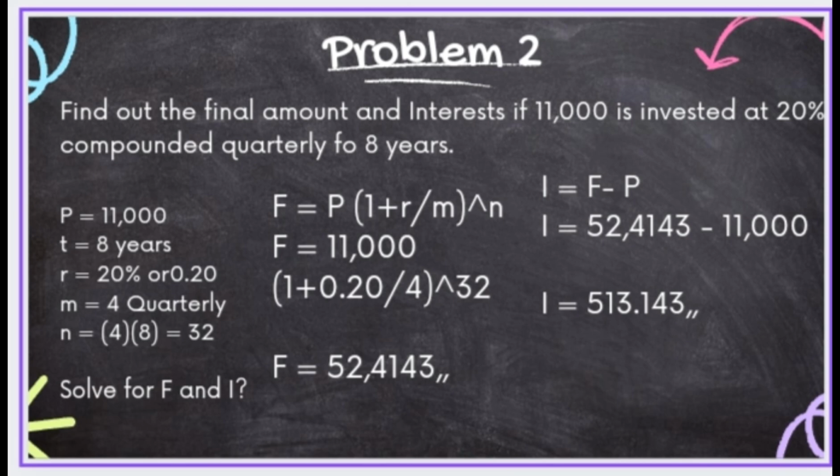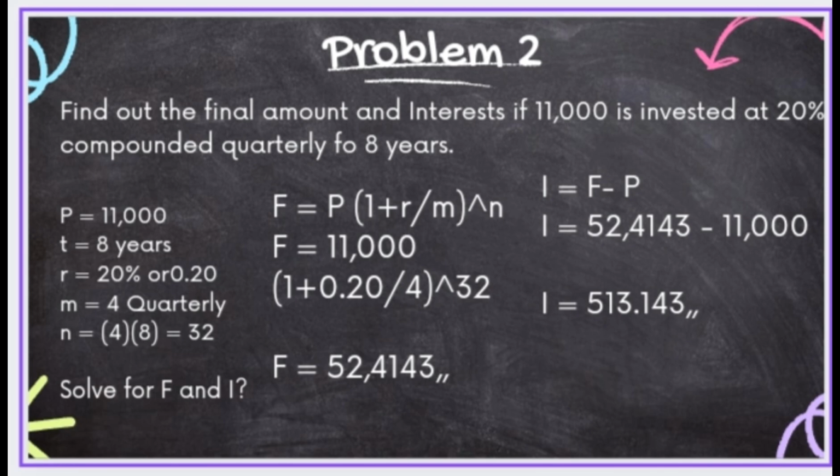Our number of payments per year is 4, or quarterly. And N is M times T, which is 4 times 8, equal to 32. So that would be N.